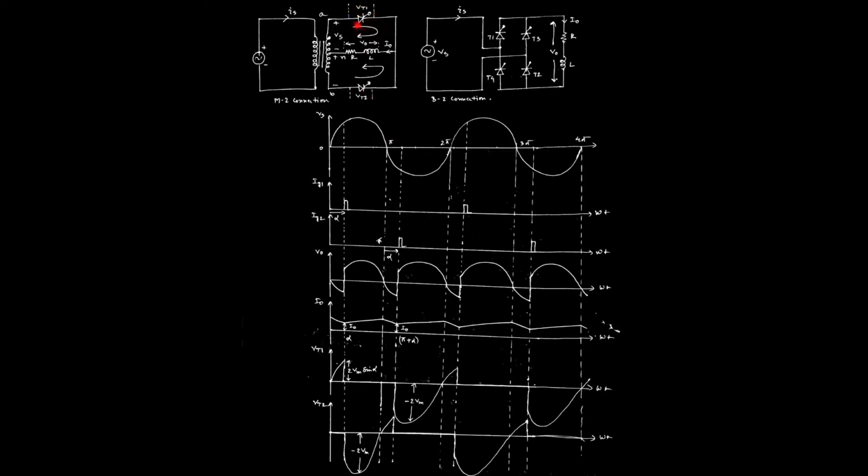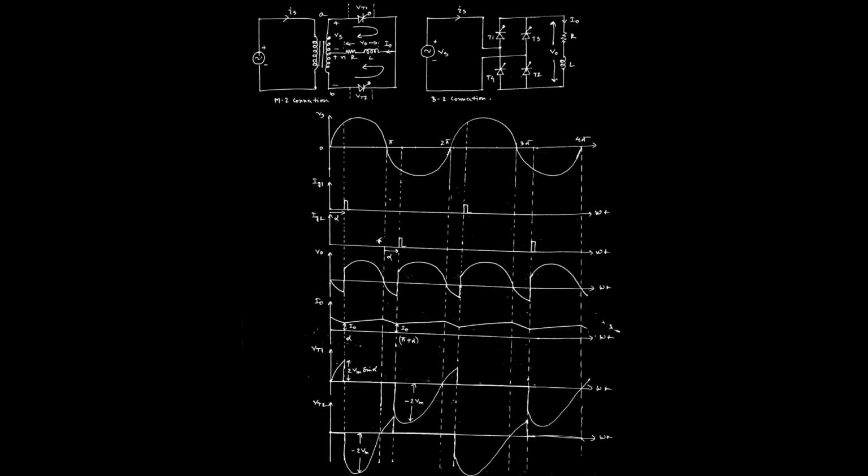That means when T1 starts working, no voltage appears across thyristor T1 as it is behaving like a short circuit. Then the total peak inverse voltage that I have calculated before, that is 2 Vm, appears across thyristor T2. Similarly, in the negative half cycle of the supply voltage, when T2 starts conducting, the total peak inverse voltage, that is minus 2 Vm, will appear across T1, the first thyristor.